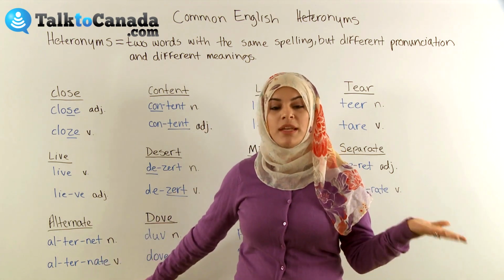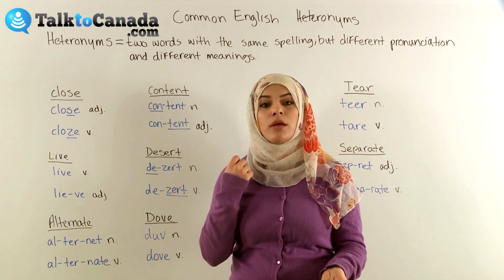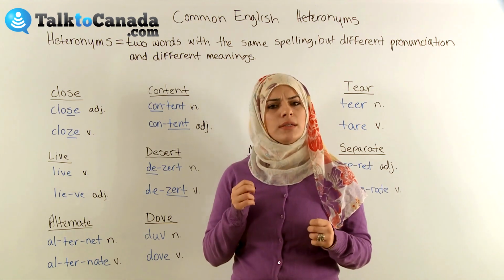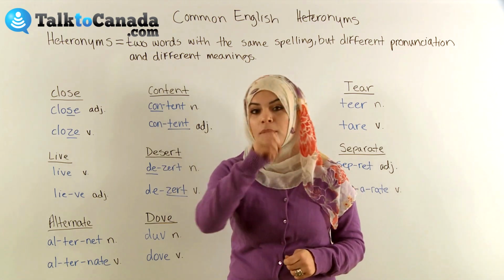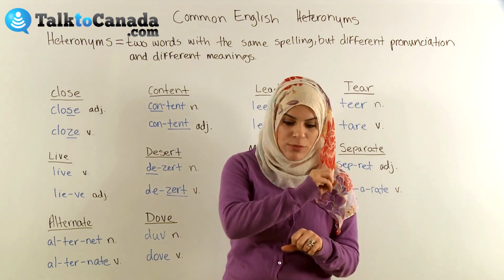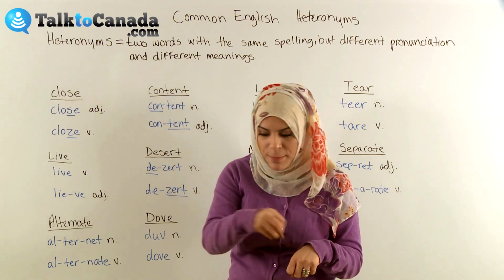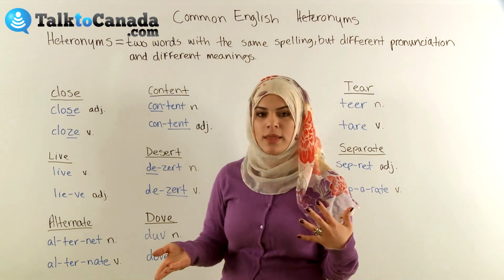Alternate is a verb and it means to switch between two things back and forth. So, for example, I alternated between using the red pen and then using the black pen. So that means that I wrote with the red pen and then I wrote another line with the black pen and then went back to the red pen and then back to the black pen. And I just kept switching between them.